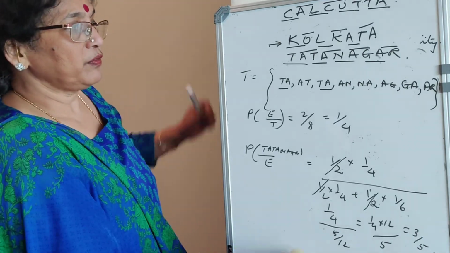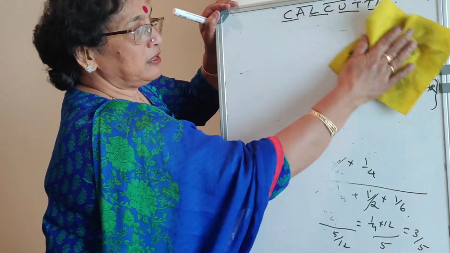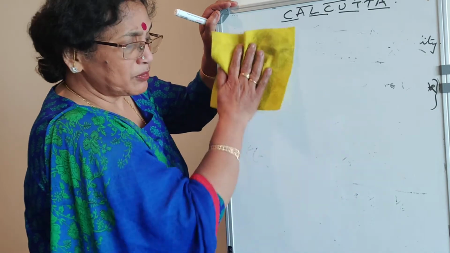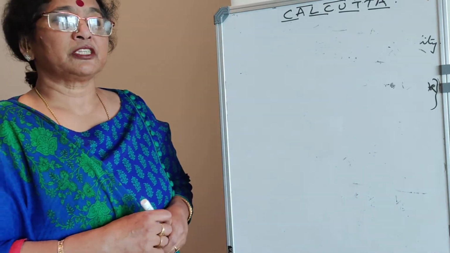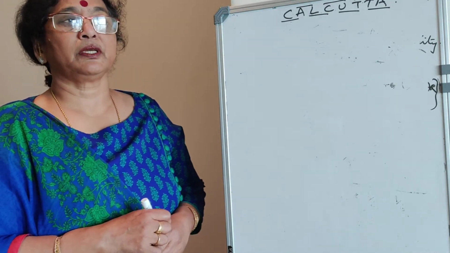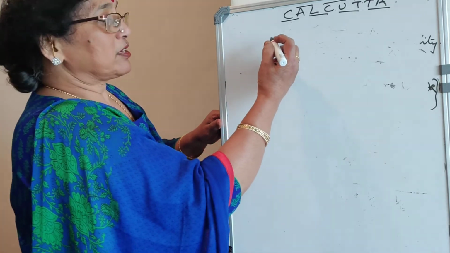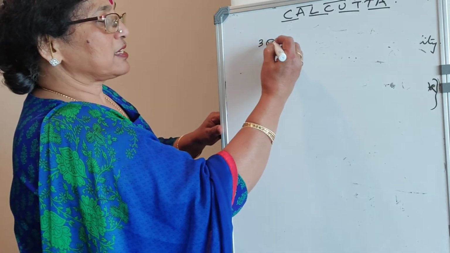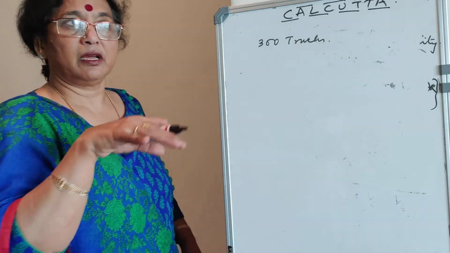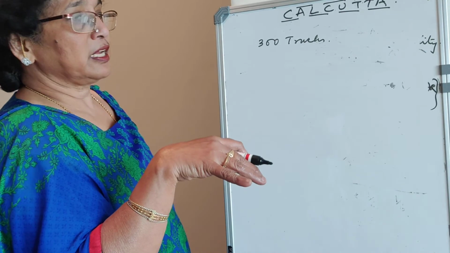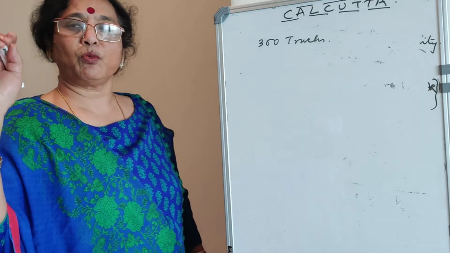This is one kind of Bayes theorem problem, which is a little difficult. Suppose I have another example before I wind up. Suppose there are 300 trucks plying on a given street in a given time, say 1 straight mile of road or whatever it is.